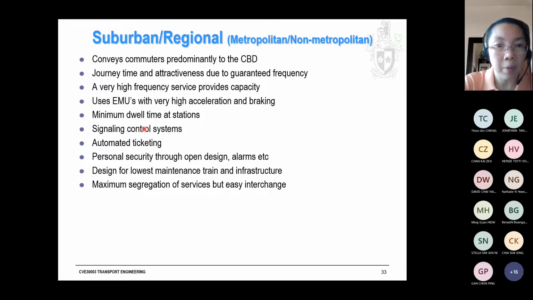Signaling control system, it requires some form of signaling. It usually has automated ticketing, okay, and personal security through open design, alarms, etc. Okay. Design for lowest maintenance train and infrastructure and maximum segregation of services, but easy interchange.